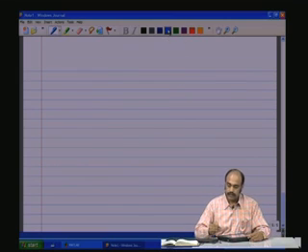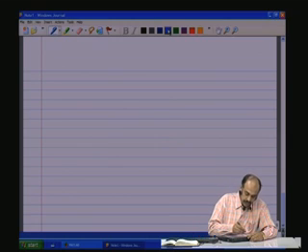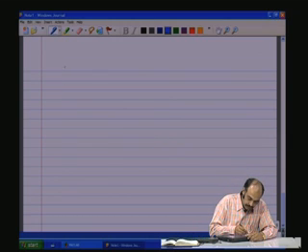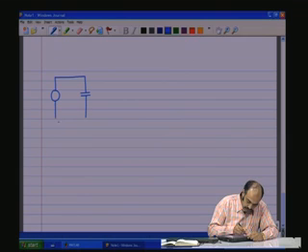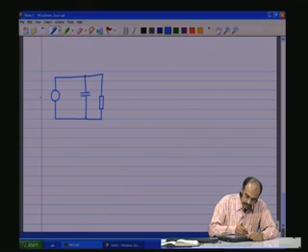So, let us take a circuit which looks like this. So, I have a circuit like this. So, you have a C and a R, and instead of having a voltage source, now I am going to have a current source.